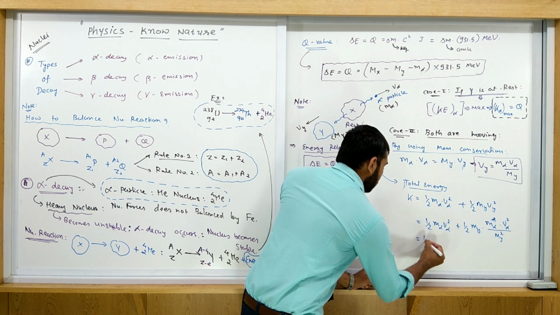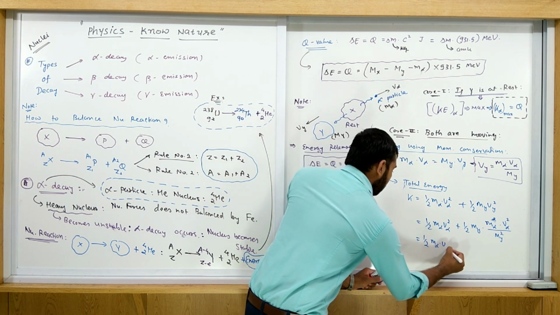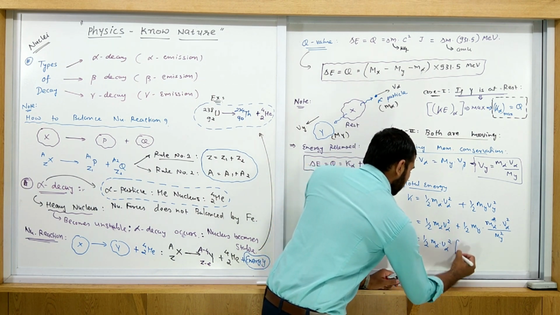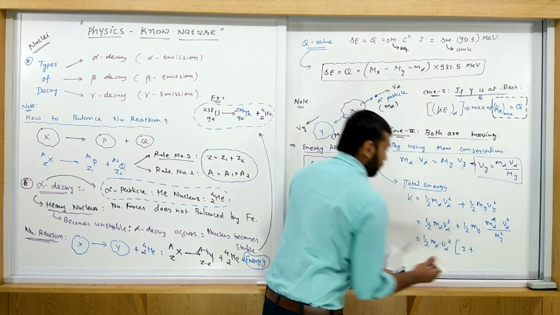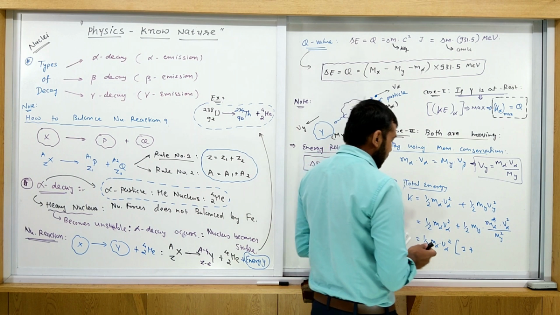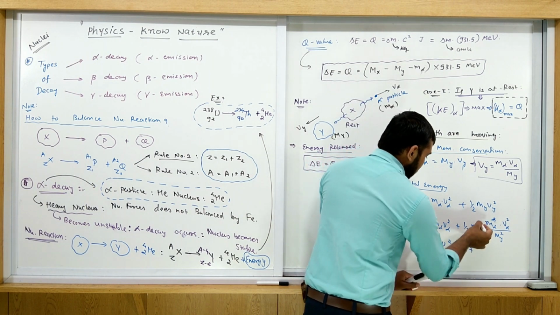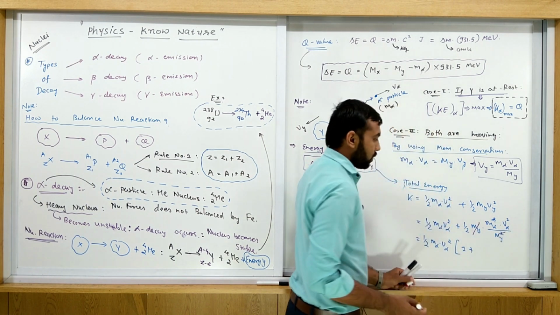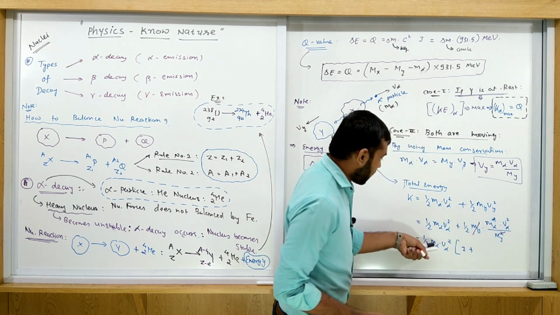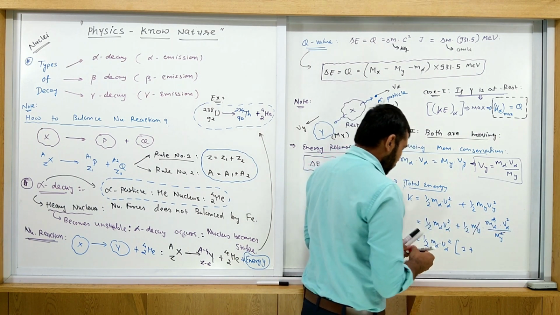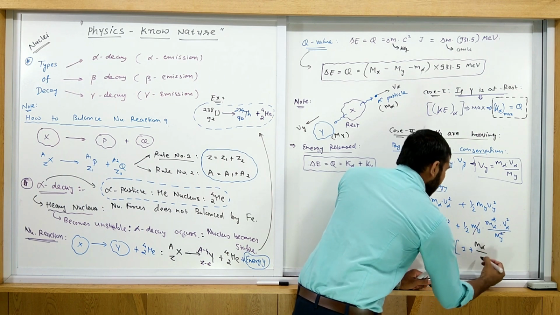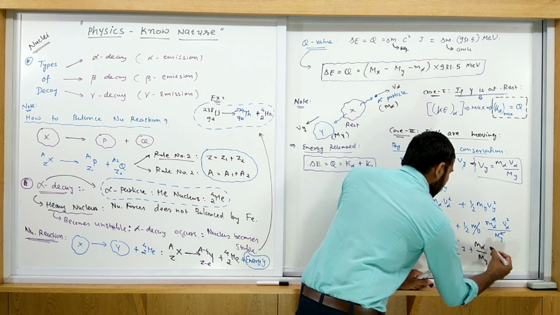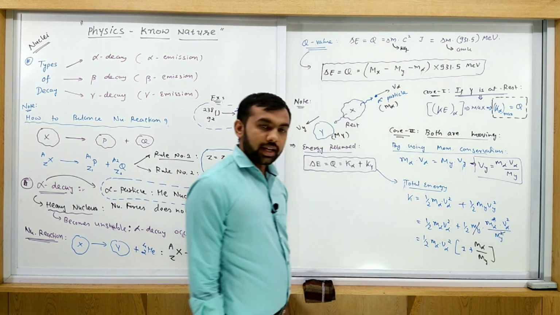So that is 1/2 m alpha v alpha square. Remaining here is 1 plus, and this my and this my cancel out, and in the numerator one m alpha is taken outside, so remaining in the numerator m alpha, in the denominator my, like this.